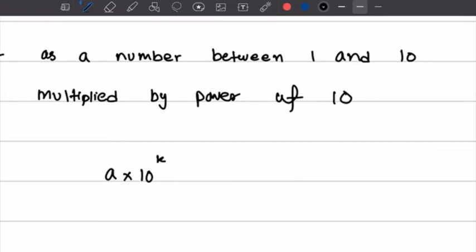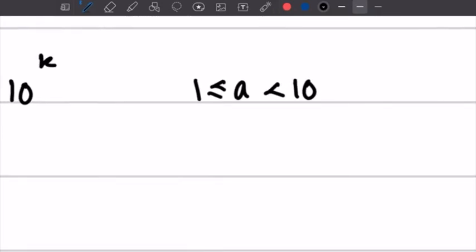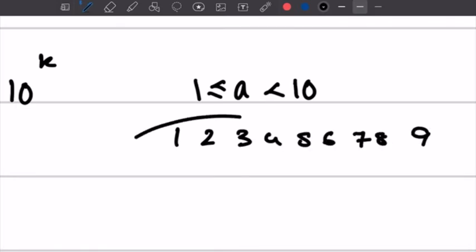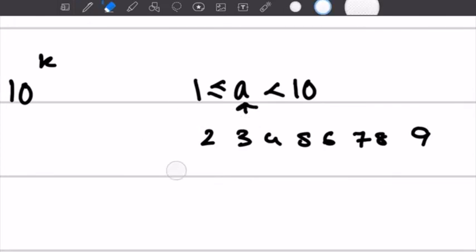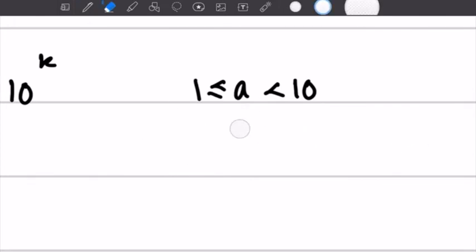Now a can be equal to 1 or greater than 1, but it has to be less than 10. So this means a can take the form of 1, 2, 3, 4, 5, 6, 7, 8, and 9. These numbers are all a. You can't get anything greater than 10, and you can't go less than 1.